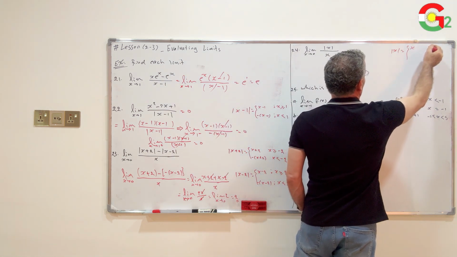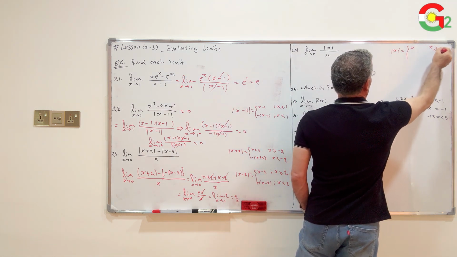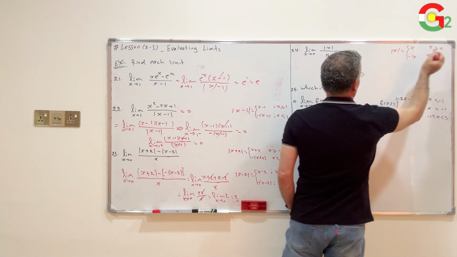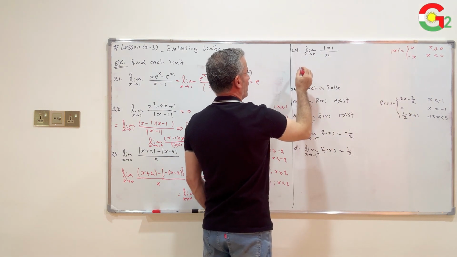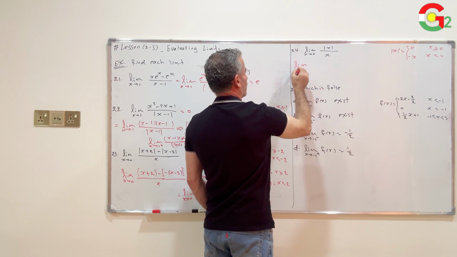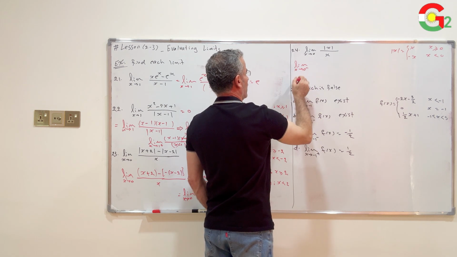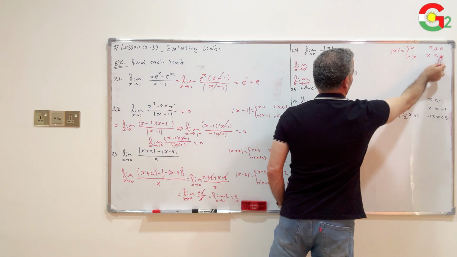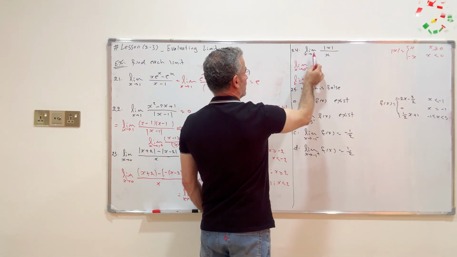Then the absolute value is x when x is greater than or equal to 0, and negative x when x is less than 0. And find the limit from the left and from the right, since the joint point is 0 and the limit approaches 0.